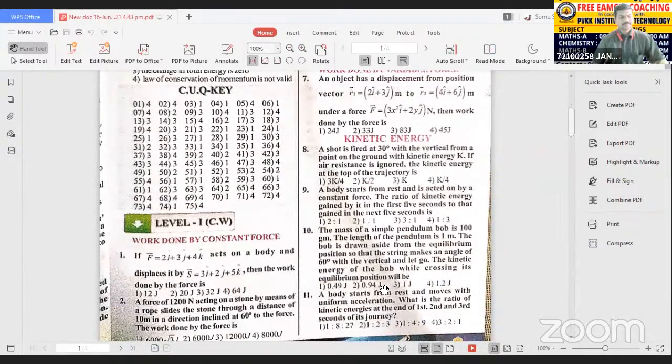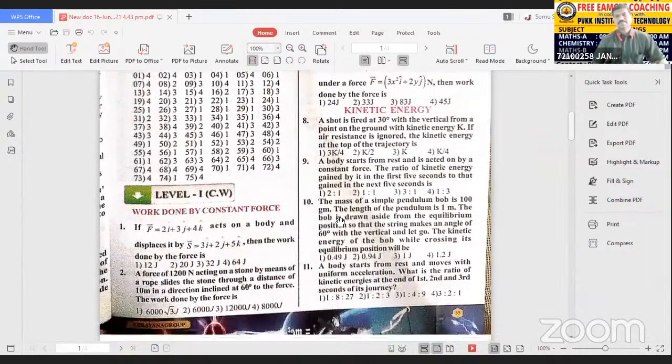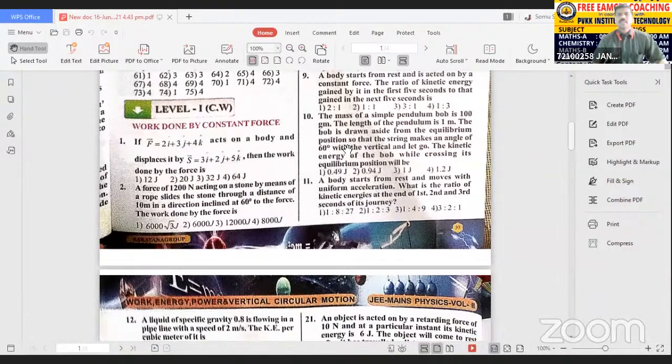Tenth problem. The mass of a simple pendulum bob is 100 grams. The length of the pendulum is 1 meter. The bob is drawn aside from the equilibrium position so that the string makes an angle of 60 degrees with the vertical and let go.